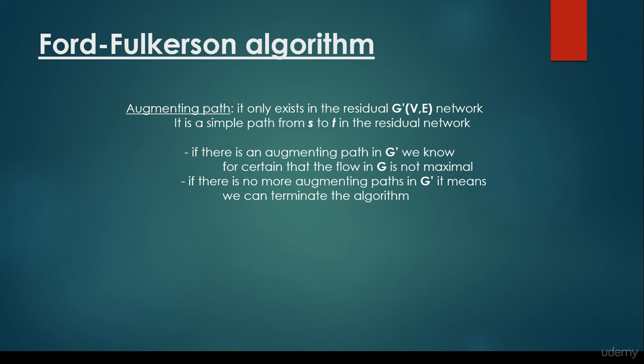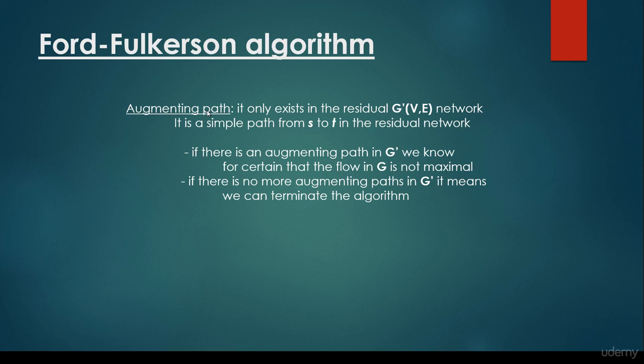It is a simple path from S to T in the residual network. It's very important that the starting vertex is going to be the source, the end vertex is going to be the sink, and basically any path that connects S with T is going to be an augmenting path.